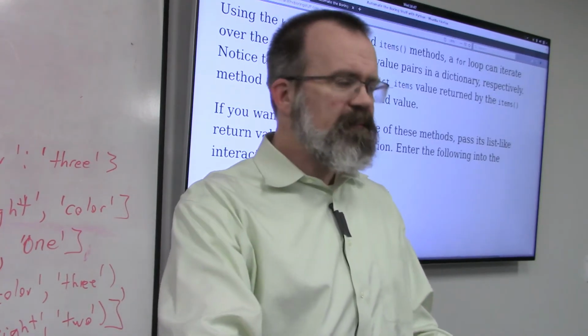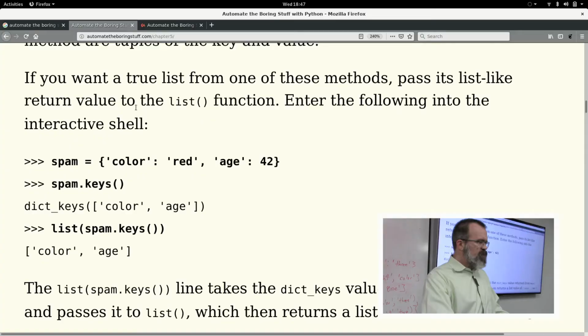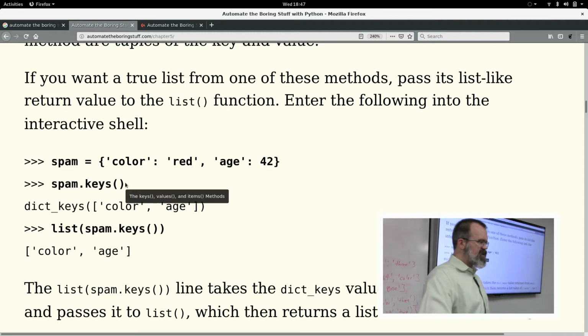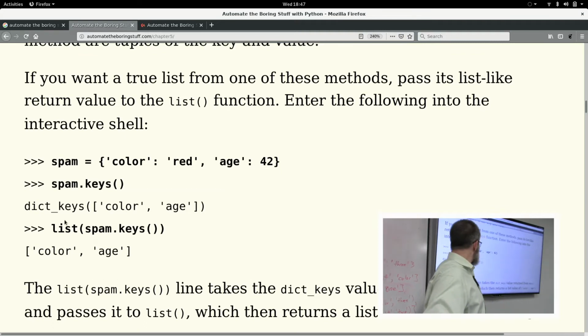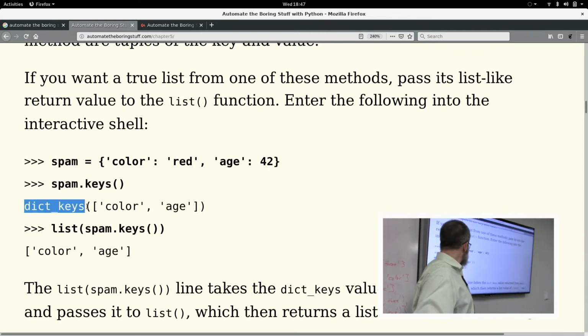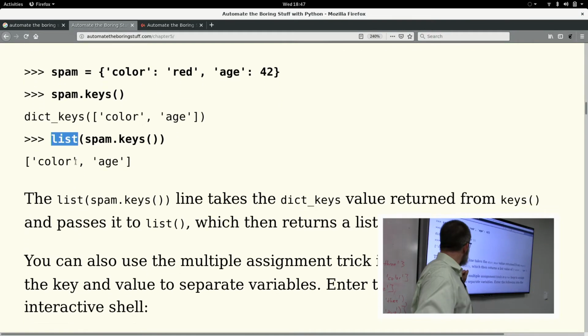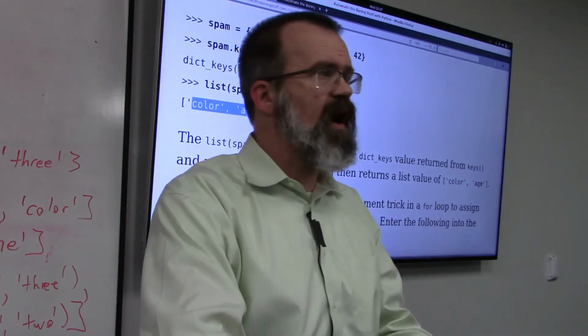Okay, so here we are, and you can see that here we've got spam keys, and it comes back with basically all of the keys that are inside the dictionary, and you can see that it's wrapped in a little type here. And if we were to take that dict keys and flatten it to where it was just a list, we would actually just get the actual list values.